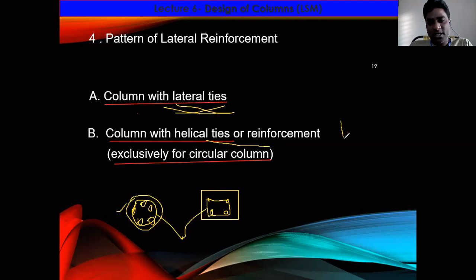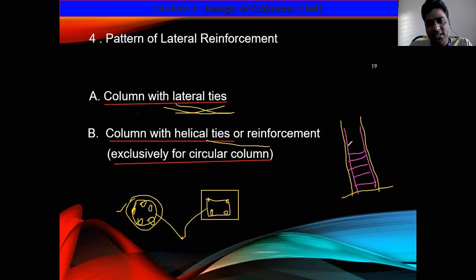What is meant by helical reinforcement is, if you have a column and you have a longitudinal reinforcement, right, and you have lateral ties for circular columns, which is as usual.